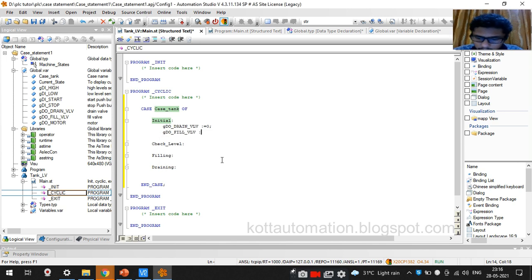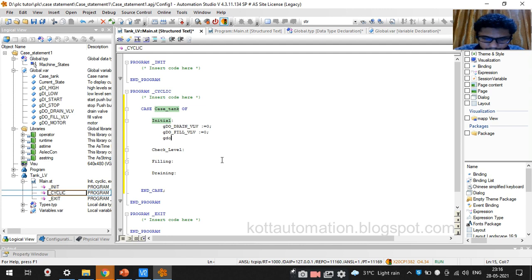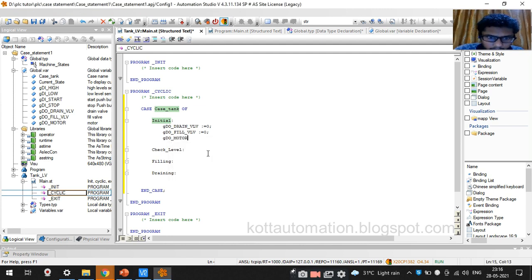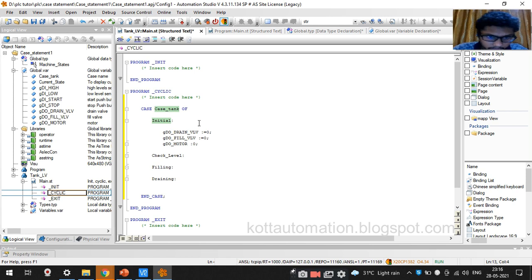Fill valve would also be off. Motor would be off. So during the initial state, all the outputs are off. In initial state, select function block.